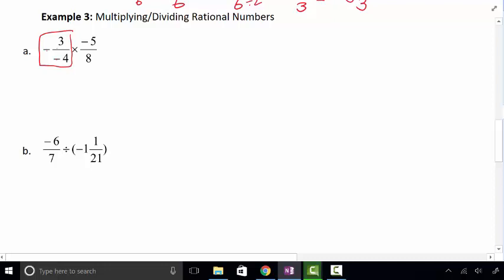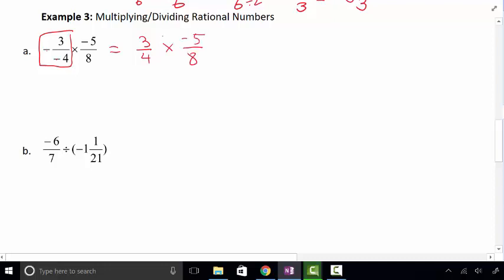Negative and negative. A negative of a negative. Opposite of negative is what? Positive. So actually I don't need those negatives. So I can simplify the signs to be 3 over 4 times negative 5 over 8.